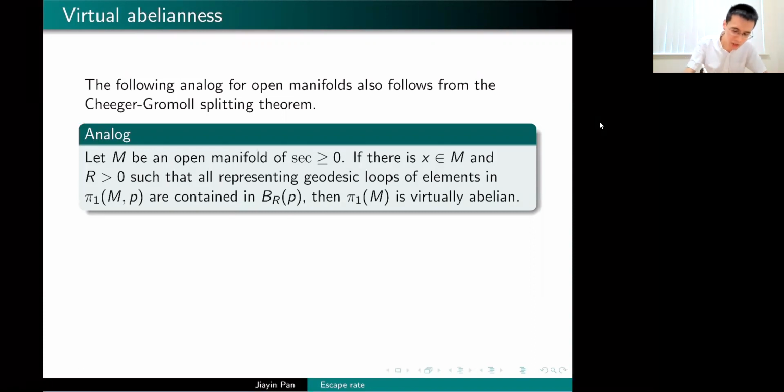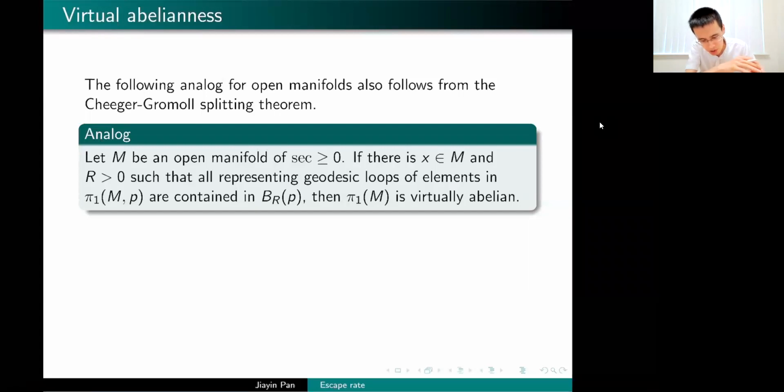So now we mentioned that there's an analog of this result below. We said before that if we have non-negative Ricci curvature on a closed manifold, then pi1(M) is always virtually abelian. For open manifolds, and here open surely means non-compact and complete, there's an analog.